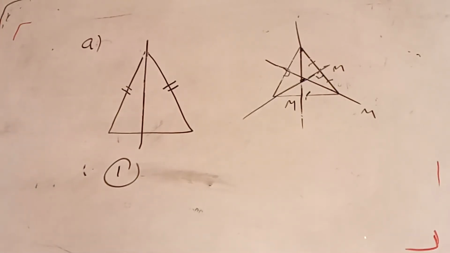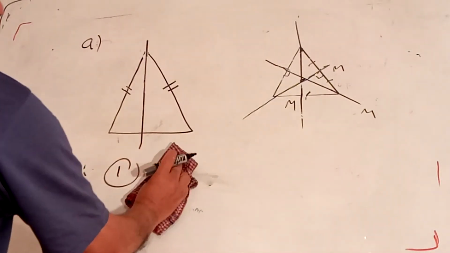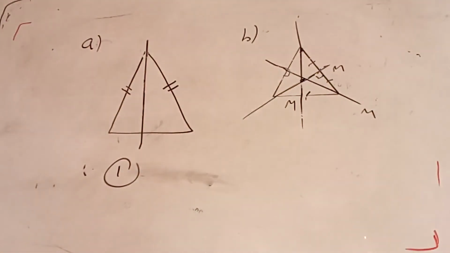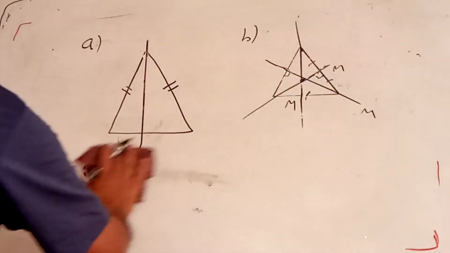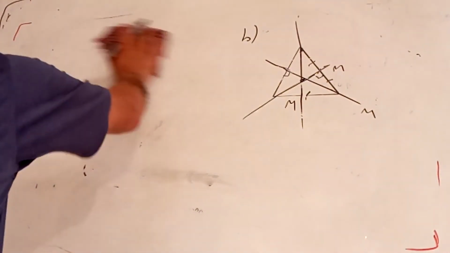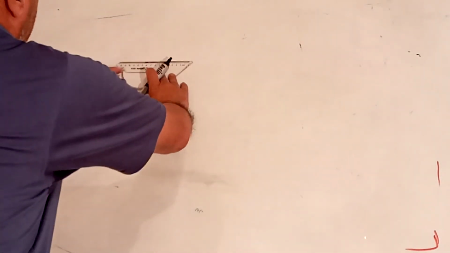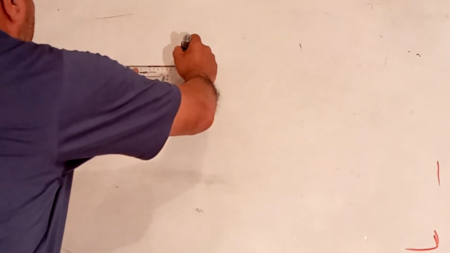Let me go to number C. This is B. Let me now go to number C. Number C, I have here a square. So all the lines are the same.